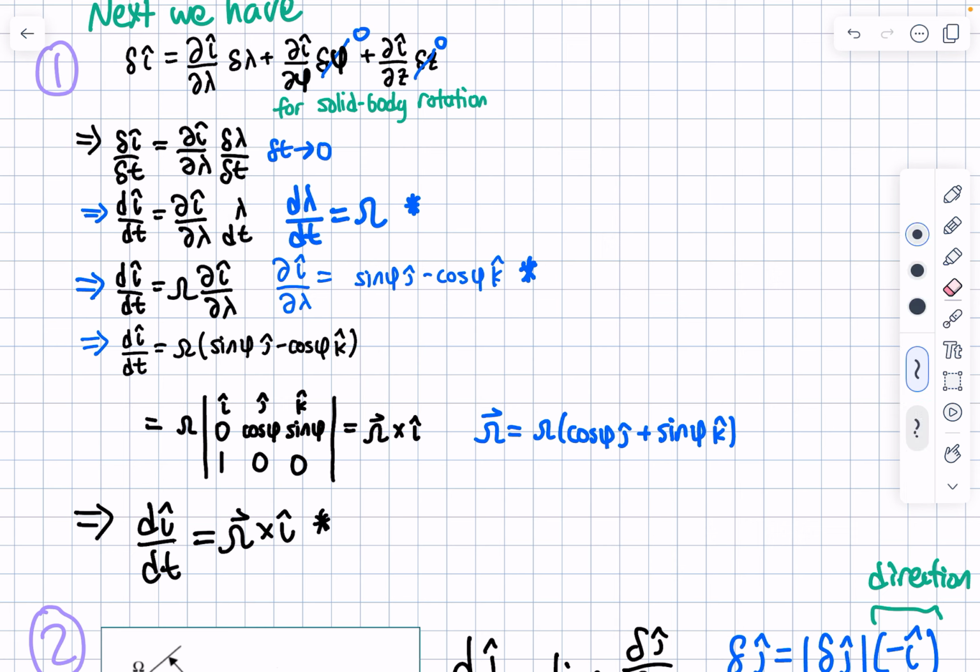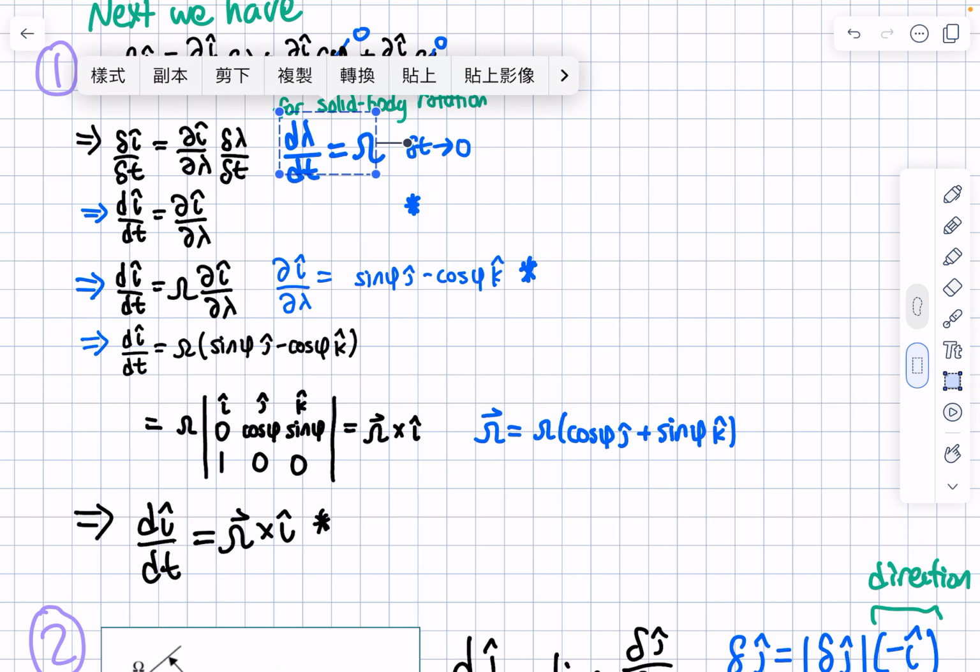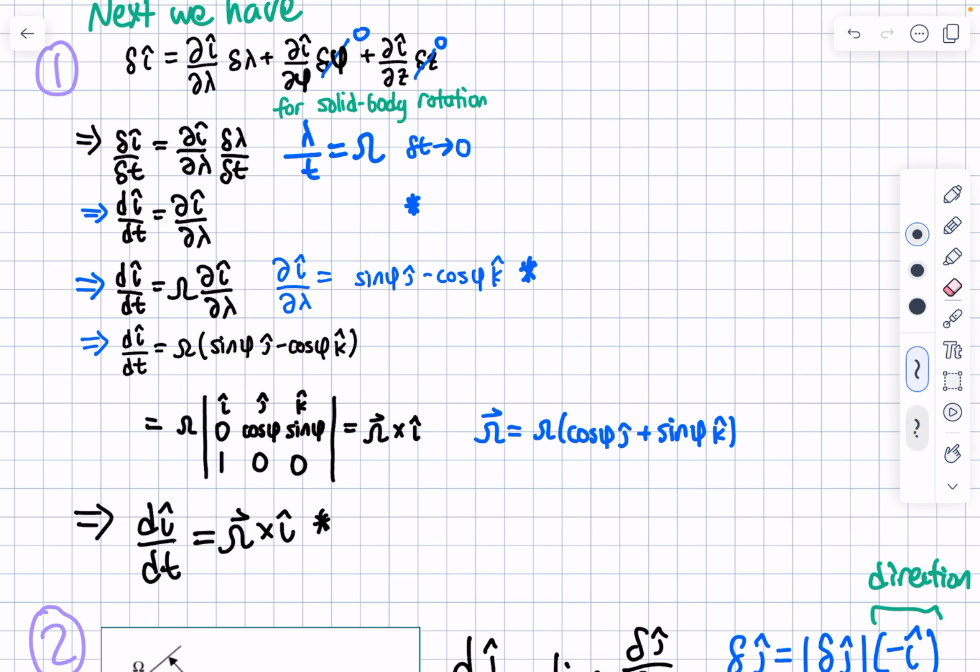Well, in addition to doing that, we do two things in one step. So this goes to 0, but additionally we also have that partial lambda partial t is equal to omega.